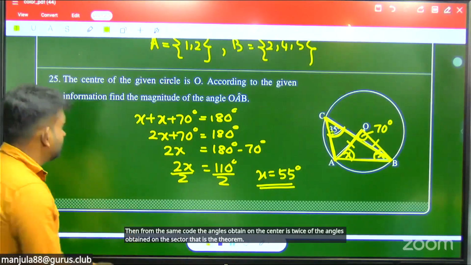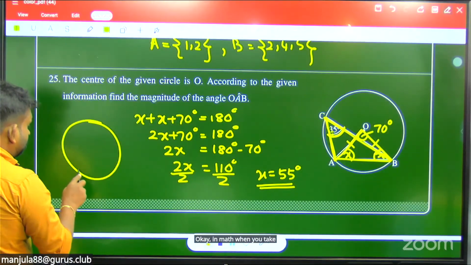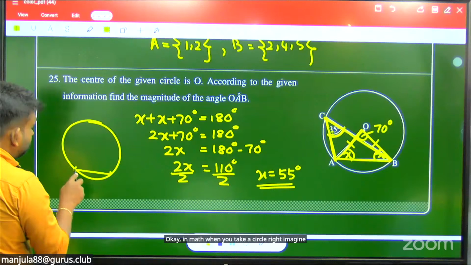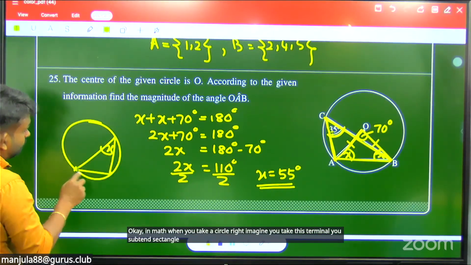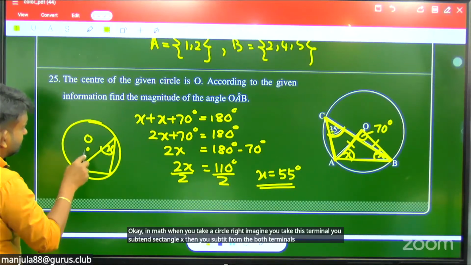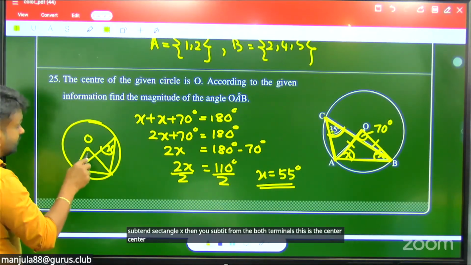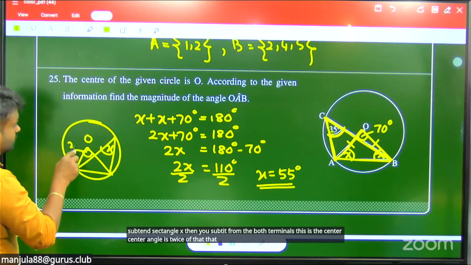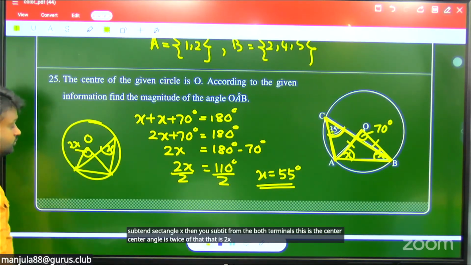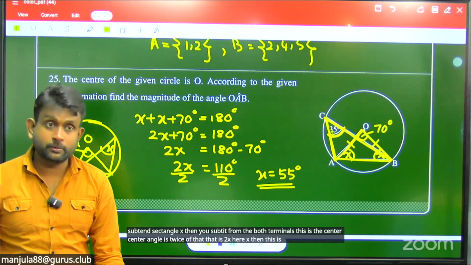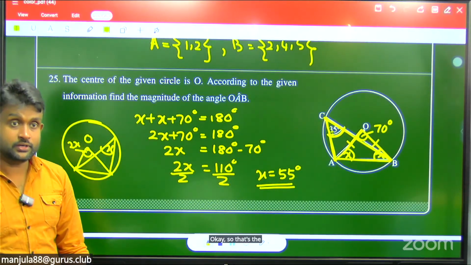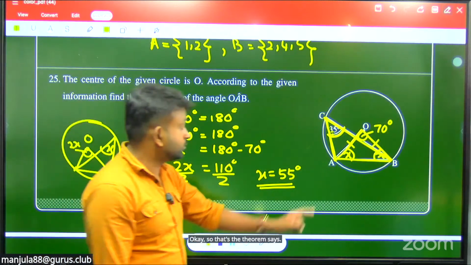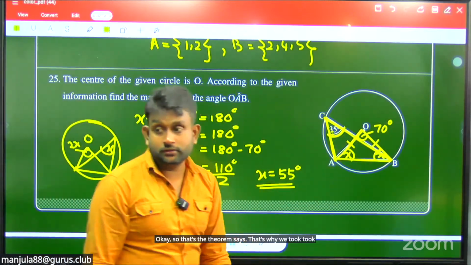In maths, when you take a circle, imagine you take this chord and subtend the circumference angle x, then from both ends to the center, the center angle is twice that, 2x. That's what the theorem says. That's why we took 35, then here 70.